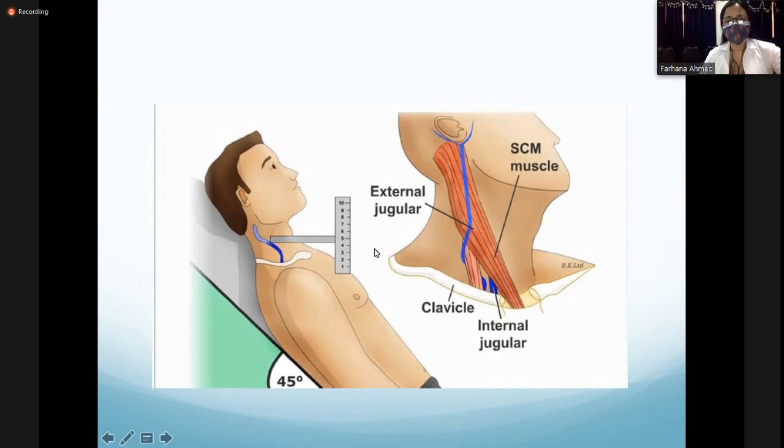Firstly, put a scale straight out from the sternal angle, then another scale or pencil from the upper column of the jugular vein. One should be horizontal and the other vertical. Then you count the distance from the sternal angle to the upper column of the internal jugular vein.